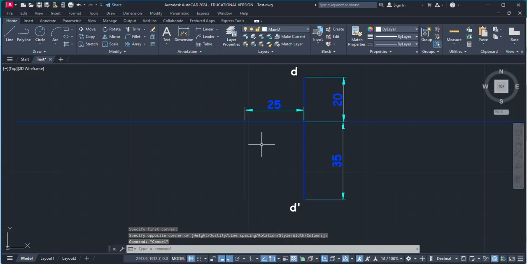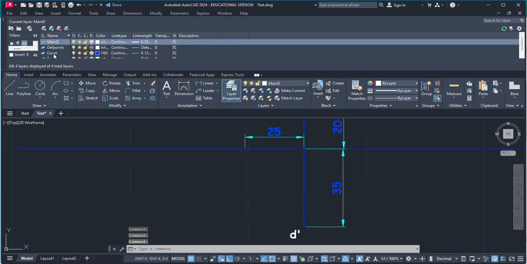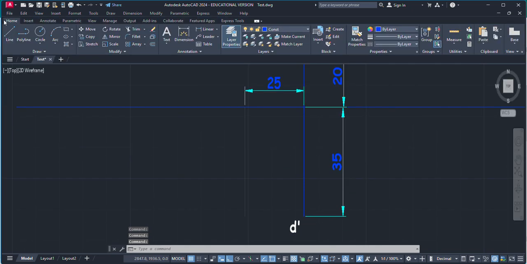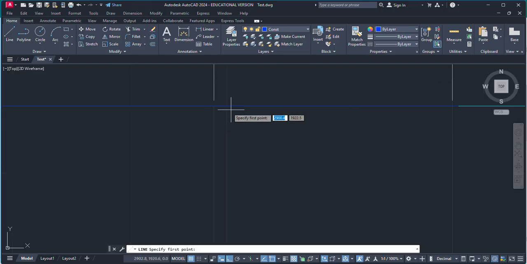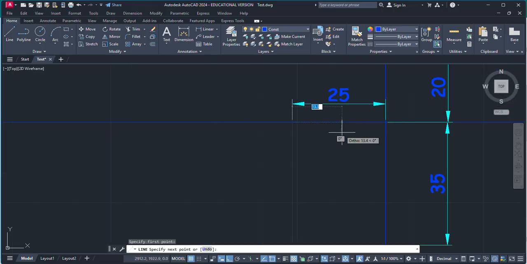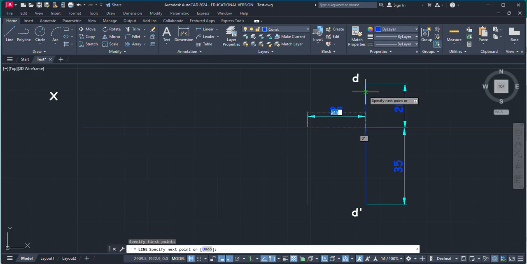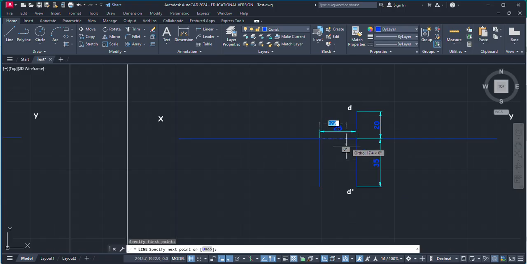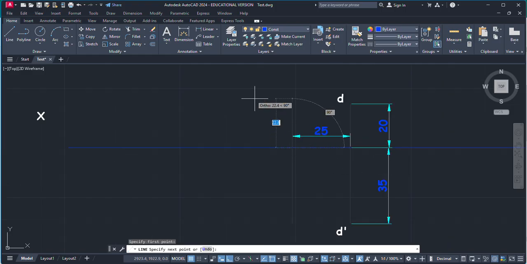And now next step is to create an inclined line. So from this point of intersection, you have to create an inclined line in the direction of top view. See, top view is on the top side of the XY line, so I have to make a line this way.